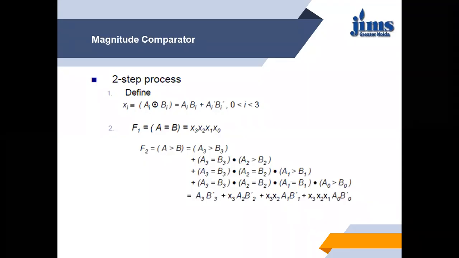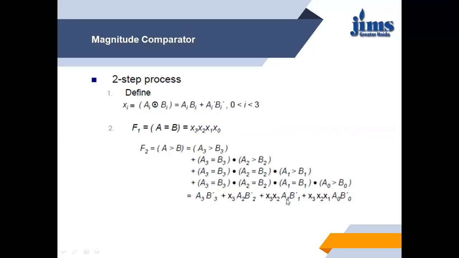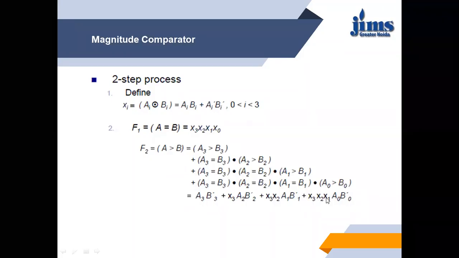If this condition is not satisfied, that means X3 and X2, that means A3 equals B3 and A2 equals B2, and in that condition we should have A1 should be 1 and B1 should be 0. So A1 B1 bar, or X3 X2 X1, all bits are equal, and A naught is greater than B naught. So this is the logic behind the output function F2, for which we are obtaining A is greater than B.